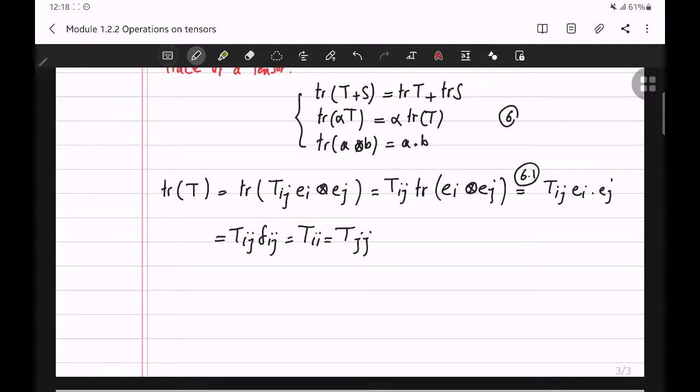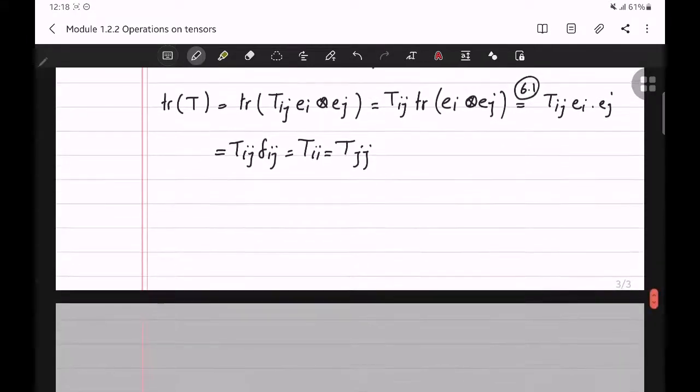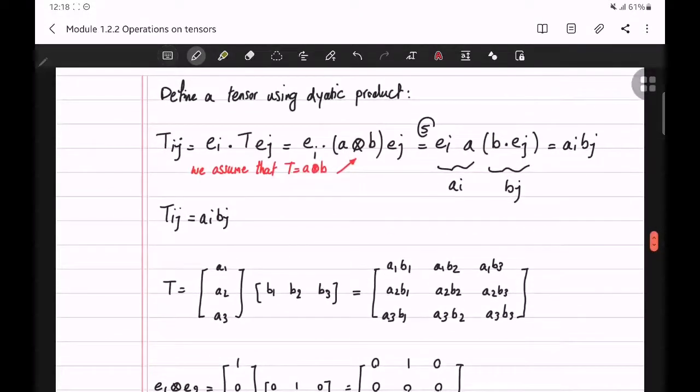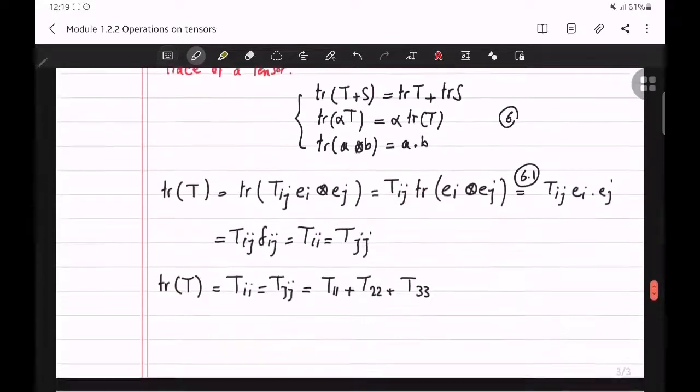So we define the trace of a tensor as Tii or Tjj, which is equal to T11 plus T22 plus T33, which is basically the summation of all the diagonal components. I've already mentioned this here, the summation of the diagonal components.